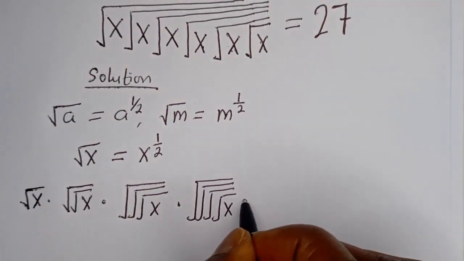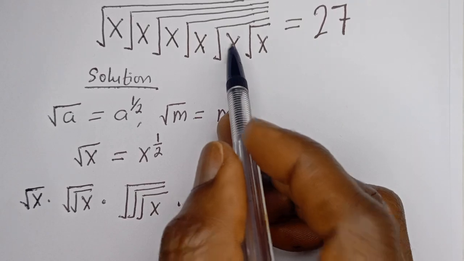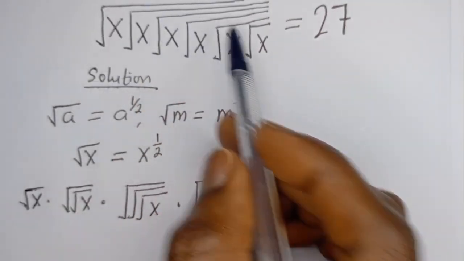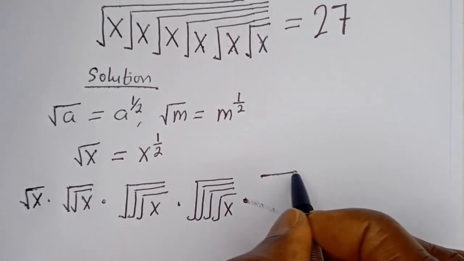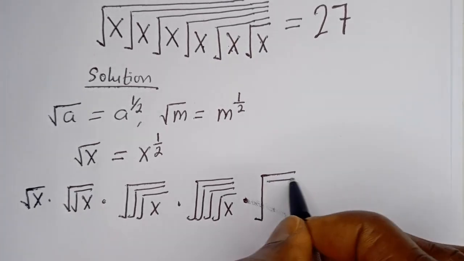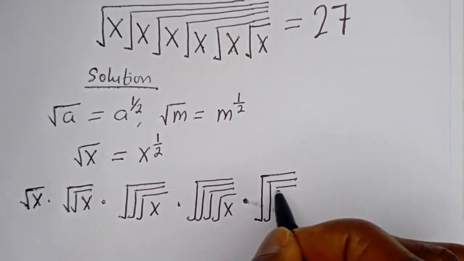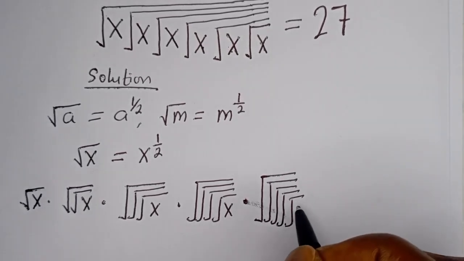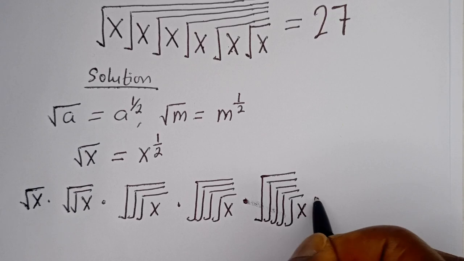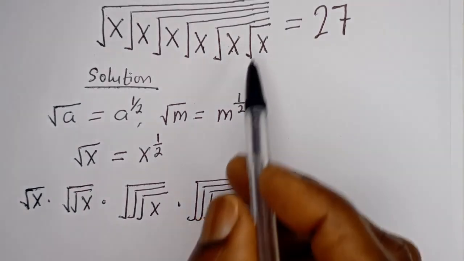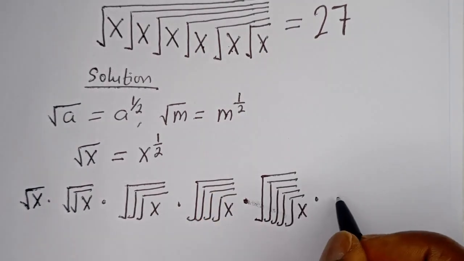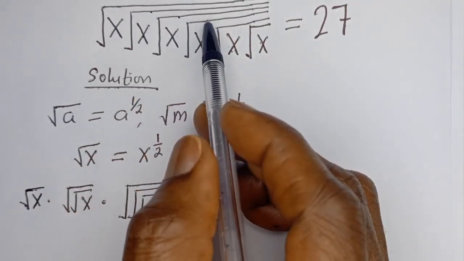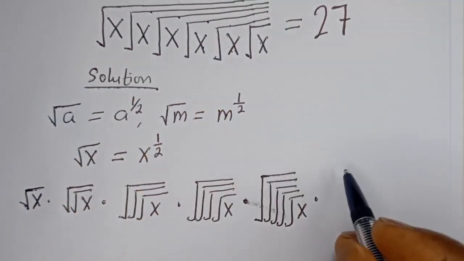Also the fifth s is square root, square root, square root, square root, fifth square root. Then multiply by the sixth one: first square root, second square root, third square root, fourth, fifth, and the sixth.